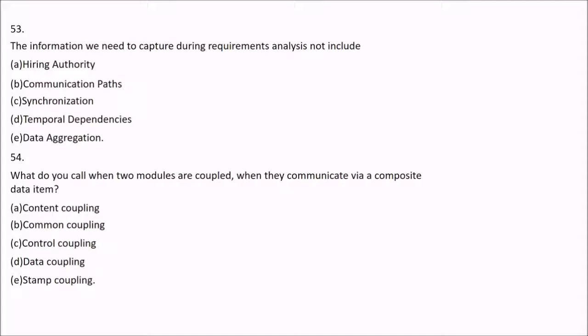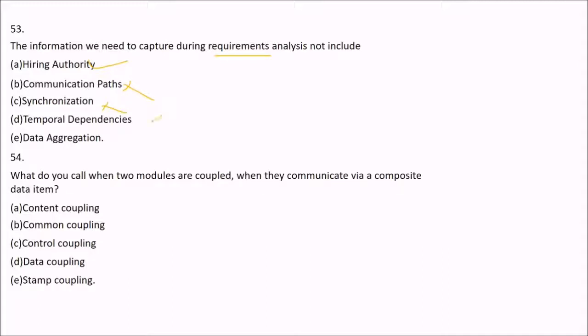53. The information we need to capture during requirement analysis does not include which of these? There are certain things which will be there in requirement analysis. We have to find out which is not included. So, hiring authority, yes, to a certain extent. Then, communication paths, not really.